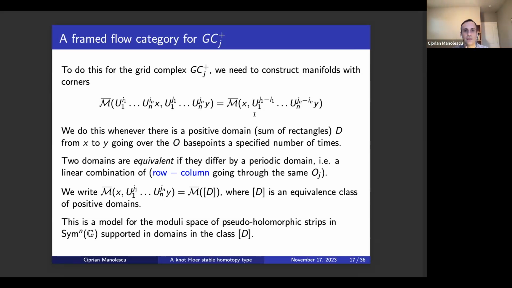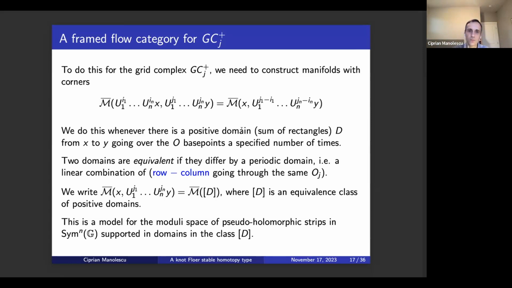Now, if you have two generators X and Y, before I said that holomorphic disks of index 1 correspond to rectangles. If X and Y have a bigger difference in index, if you want homotopy type, you need moduli spaces of any dimension. Then you won't have a rectangle, but what's called a domain on the grid.